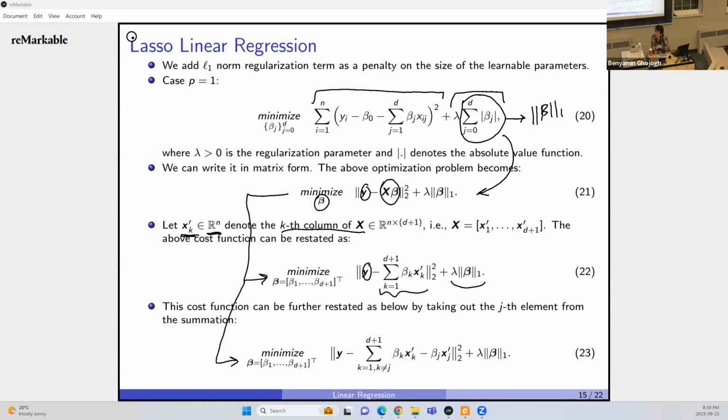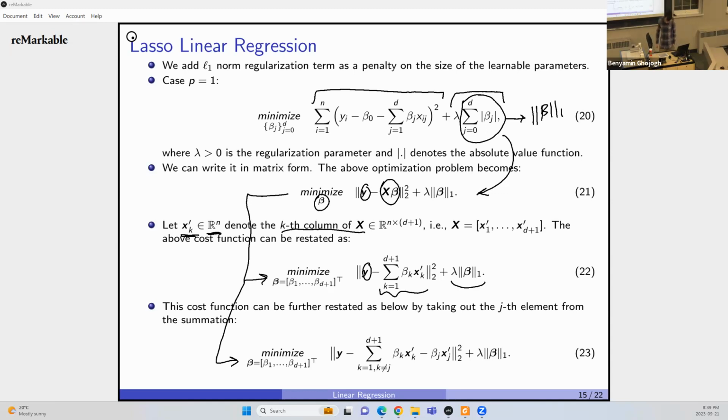Why am I simplifying? As I told you, I want to use coordinate descent. I want to write this cost function as the function of beta j, so then I can simply take derivative. Here, it's not a function of beta j, it's a function of beta. I want to single out beta j somehow.